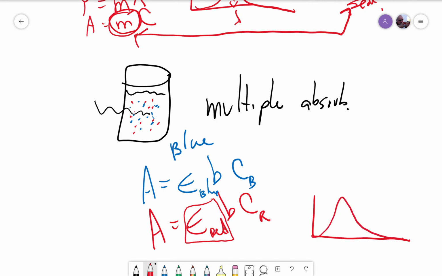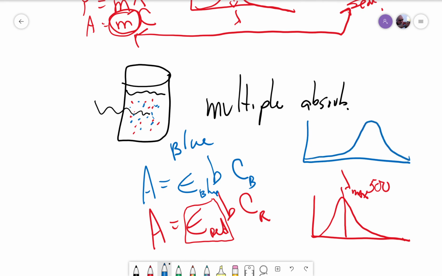So maybe the red one has a lambda max, and let's just make something up here, say 500. And the blue one has a lambda max, let's say 600.